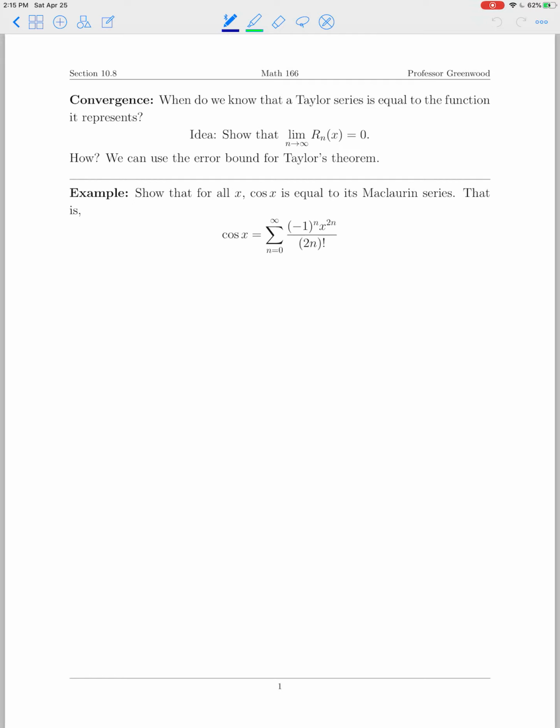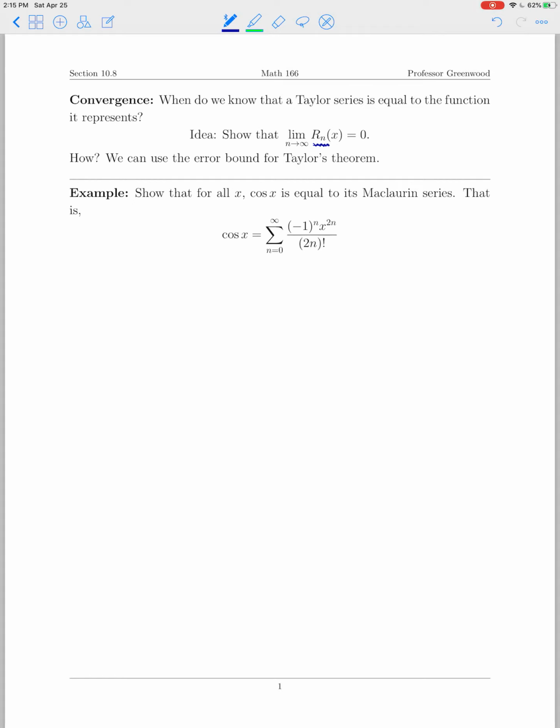The idea is that last class we saw that Rn of x could be notation for the error when you use the Taylor polynomial Tn to approximate f. And if we want to say that the Taylor series is actually equal to the function, then what we really need to know is that the error in the Taylor polynomials goes to 0 as n goes to infinity.